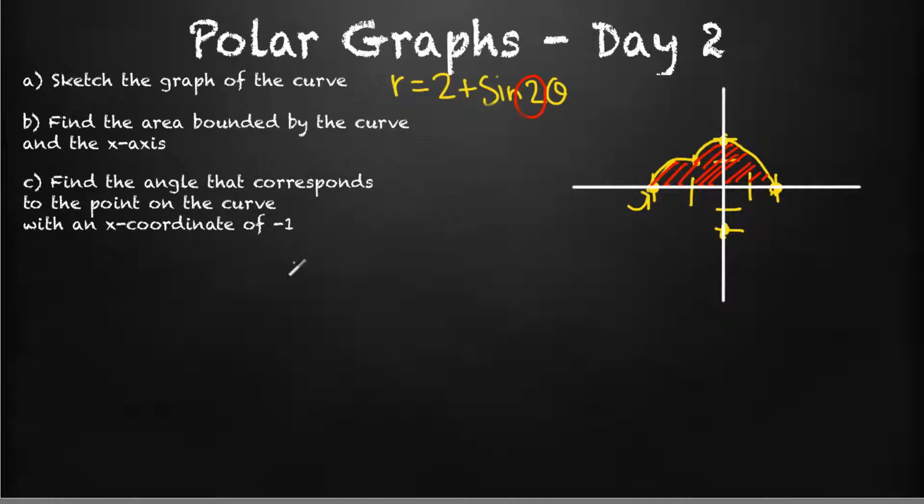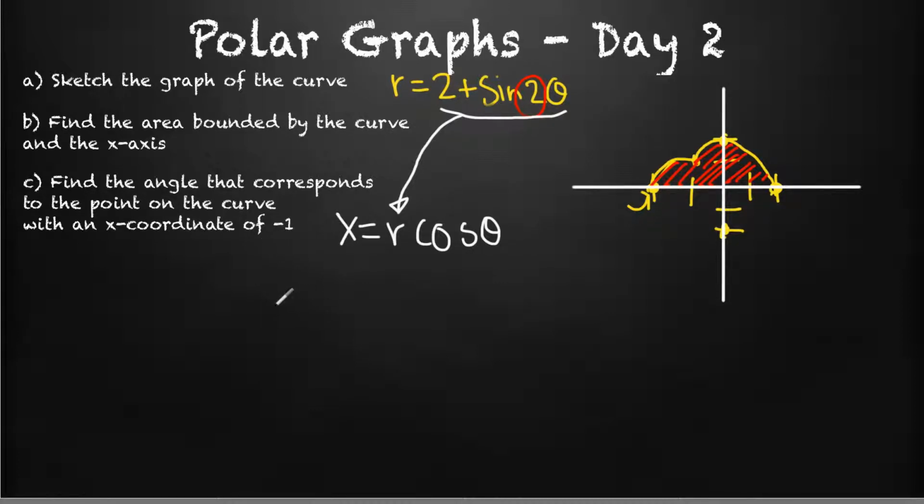All right, in part C, it says find the angle that corresponds to the point on the curve with an x-coordinate of -1. So for this, we have to remember something that we learned in the previous video, and that is that x equals r cosine of theta. All right, so we have to now take this r and plug it into here, and it says an x-coordinate of -1.